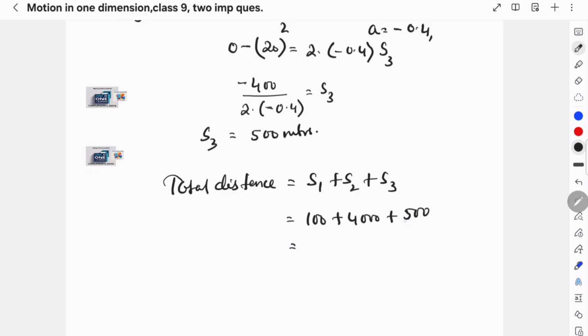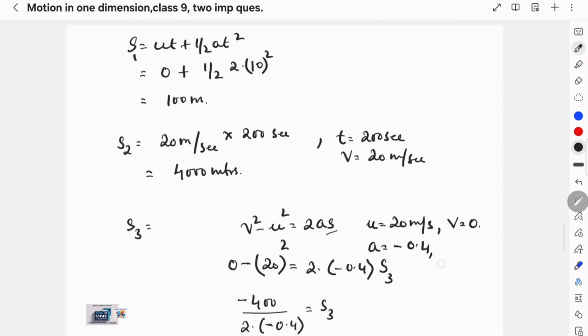So this will become 4600 meters. So before the train comes to a standstill, it has traveled 4600 meters. So total distance is 4600. This also we have got.